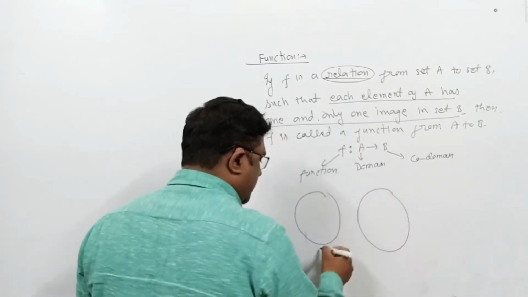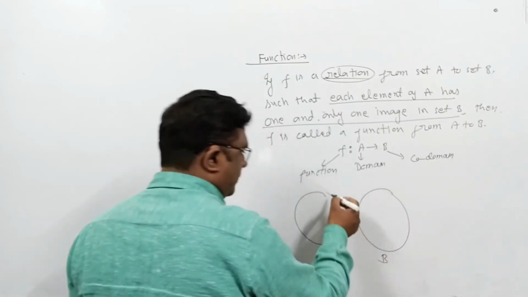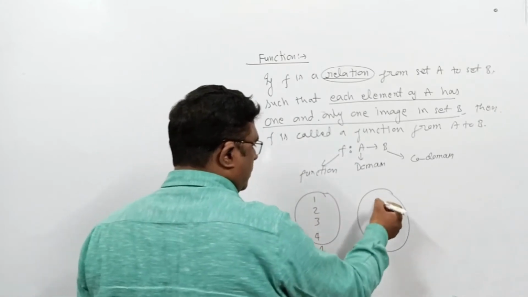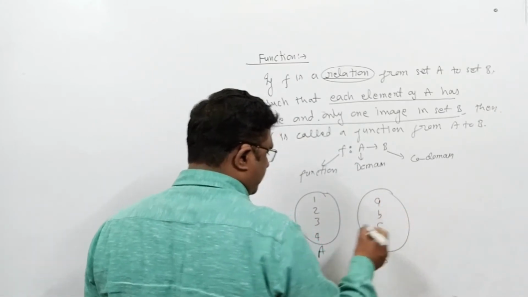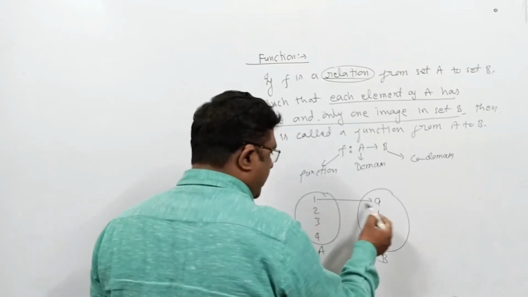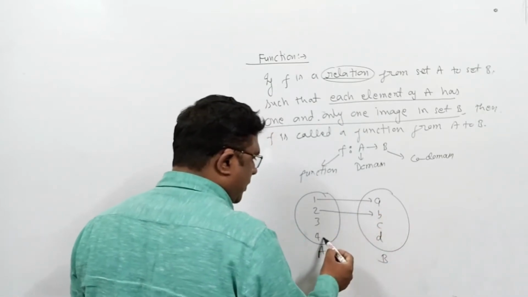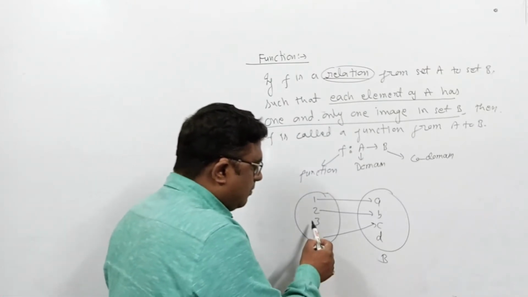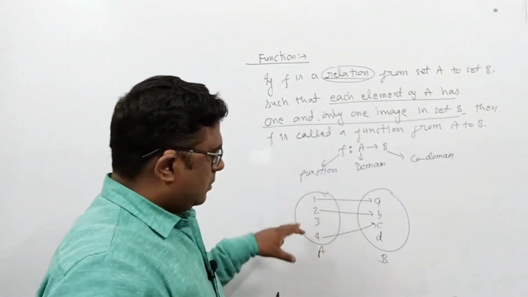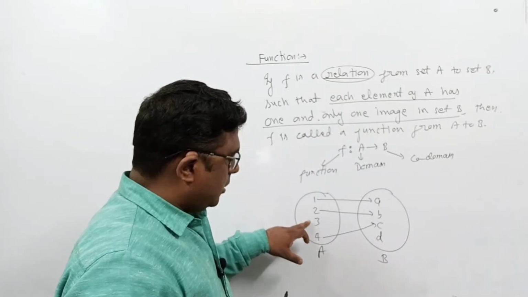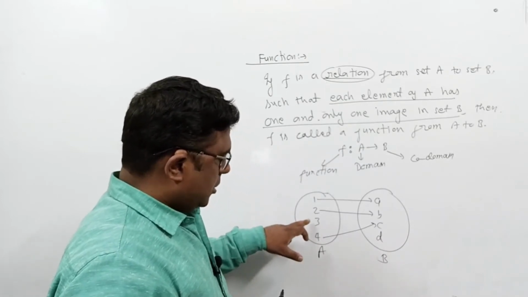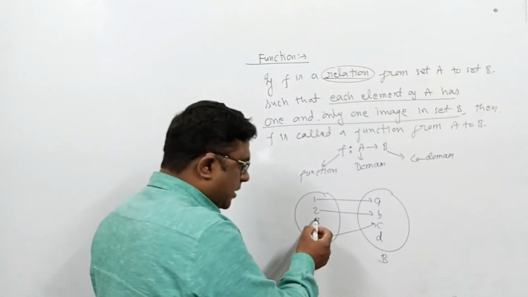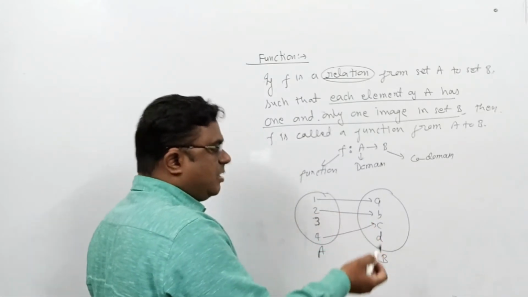Suppose it is set A, it is set B. This set is having some elements like 1, 2, 3, 4, A, B, C, D. Image of 1 is A, image of 2 is B, and image of 4 is C. So here what is happening? We are missing element 3. Element 3 of set A is not releasing any arrow from its side. So it means element 3 is not having any image.